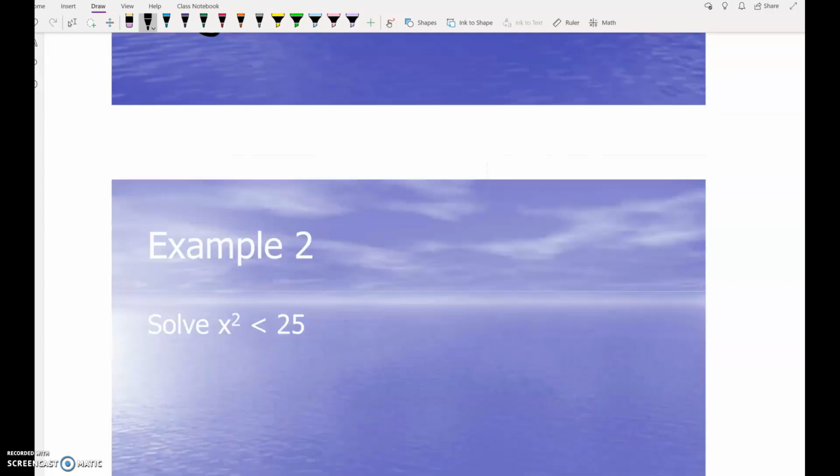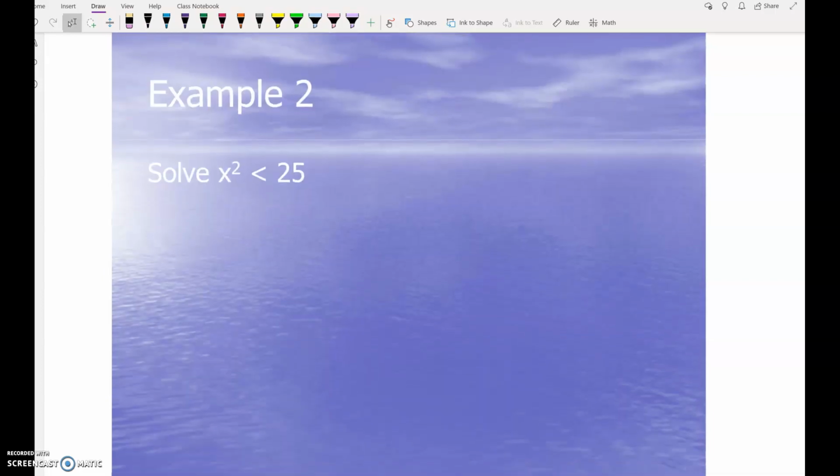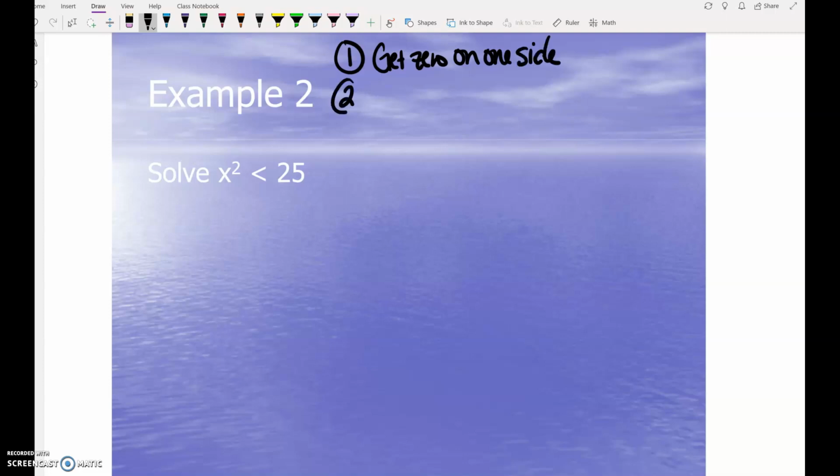With quadratic inequalities like this, to find the critical numbers, the first thing that you need to do is get 0 on one side. And then you need to factor and solve. You need to figure out how to solve, if that was like an equation that equaled 0, factor it and solve it and get those solutions.